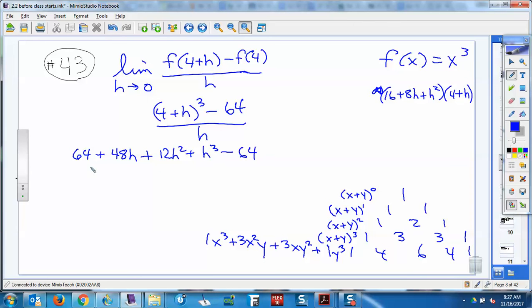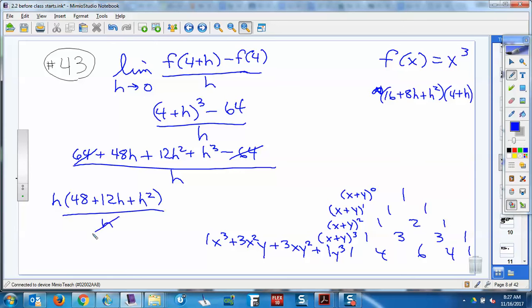So that's just a way I can do a cubic a little quicker. So I got these coefficients, and then it's the first thing cubed, and then squared, and then the first, and so on. All right. So anyway, the 64s cancel, but you can work it out this way, you get the same thing. Now we can take out an h, and so we get 48 plus 12h plus h squared all over h. And now we let h go to 0, and what do we get?